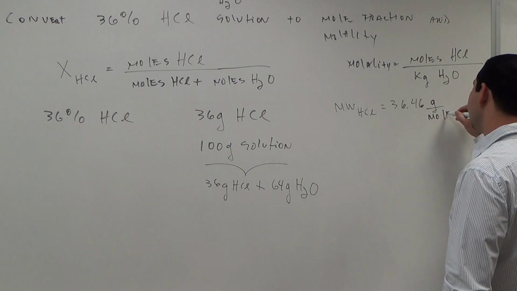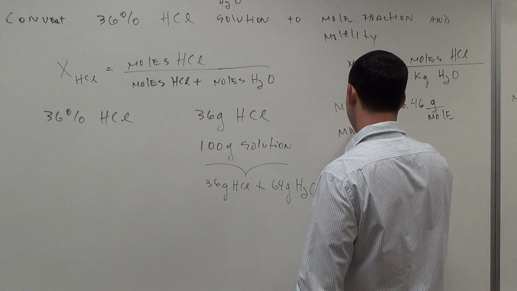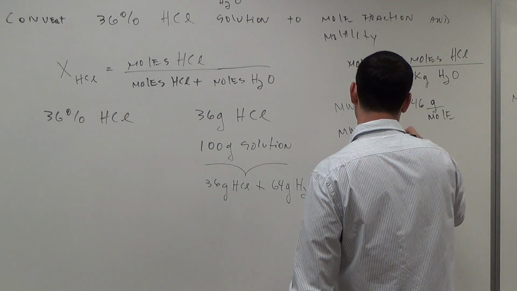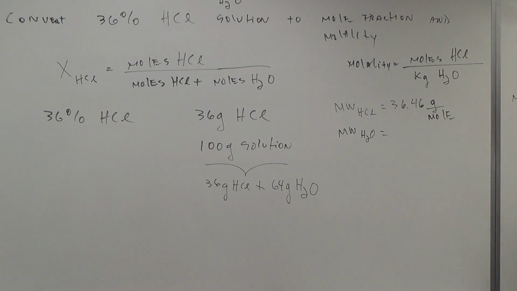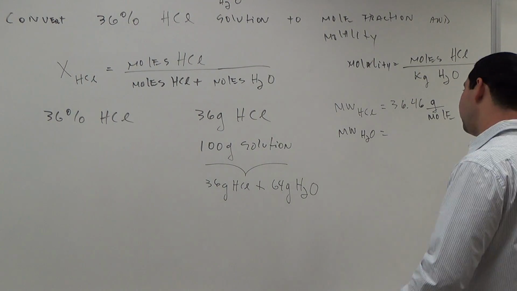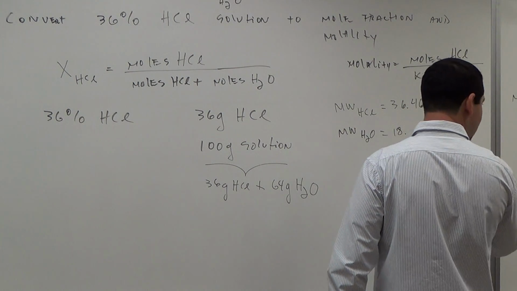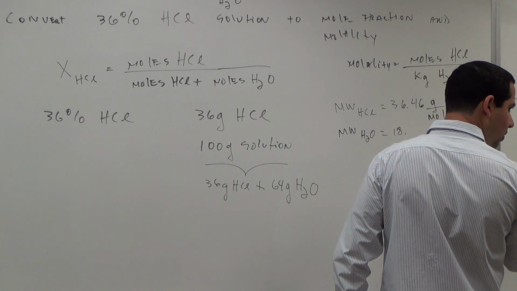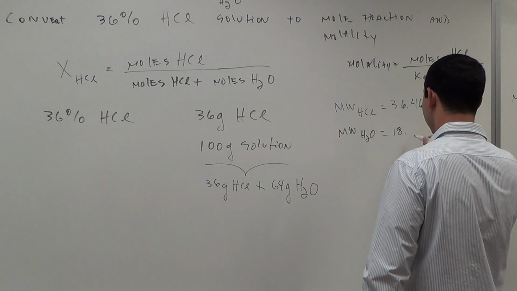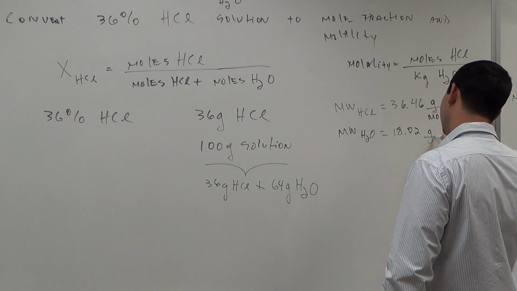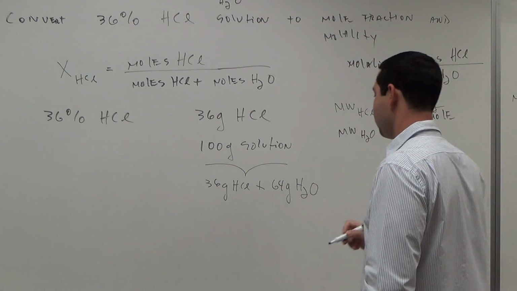Grams per mole. And the molecular weight of H2O? I'm not gonna give it to you on the test, you need to know how to calculate it. You guys do not carry periodic tables with you? In your pockets? I mean, what type of a student are you? You don't have pocket-sized periodic tables. So, it is how much you said? 18.02 grams per mole. Okay, very good.